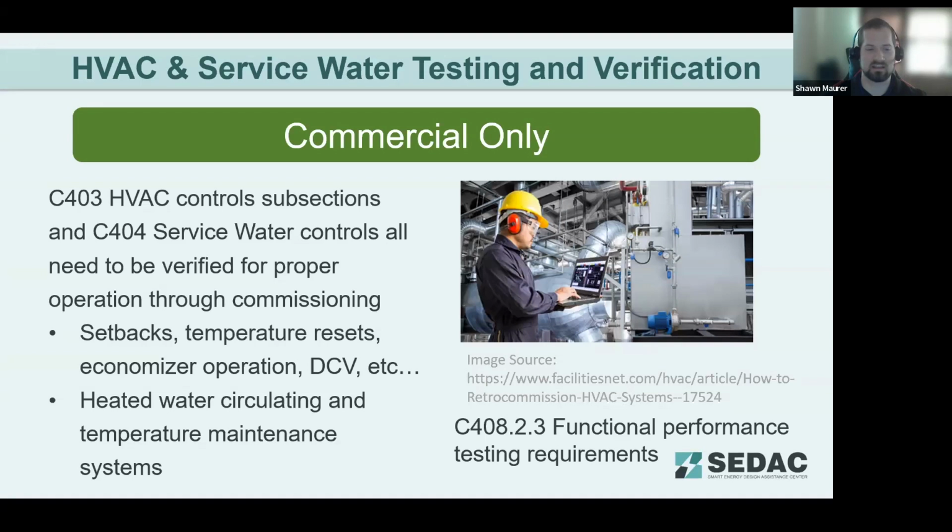That is documented in the C408 section of the code, and C403 requires that testing to be done. So as you're working through the code, all sections of C403 and C404 for HVAC controls and surface water controls, where those control requirements are in place, you'll have to do some kind of testing and verification to make sure that they are working properly. That process is laid out in the C408 section.